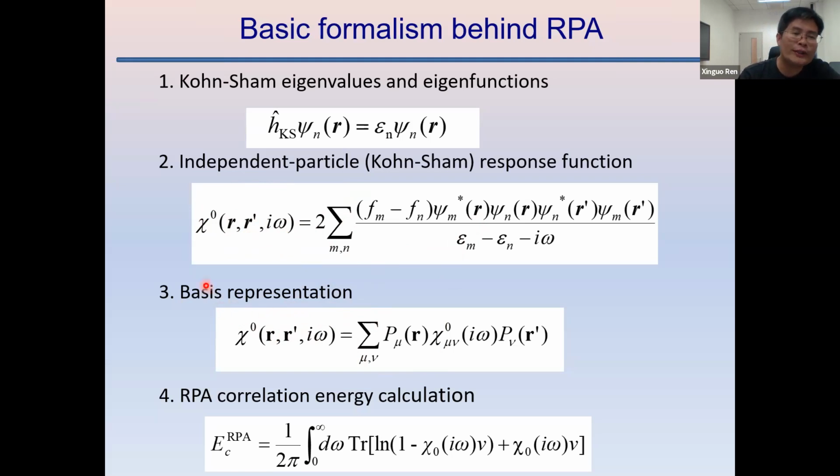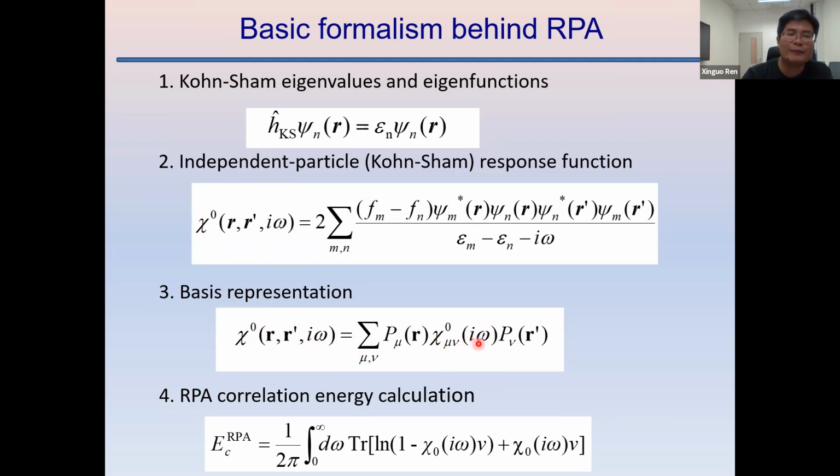but to represent this in a computer program, we need to discretize this response function. So in this case, we typically introduce a basis set. We call it the auxiliary basis set, the P here. Within such a basis set, this non-interacting response function becomes a matrix.